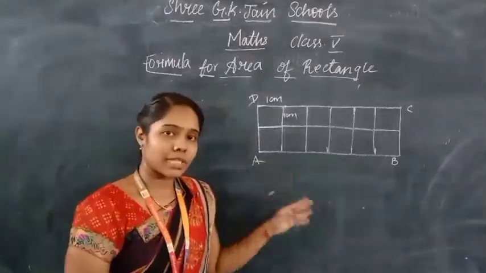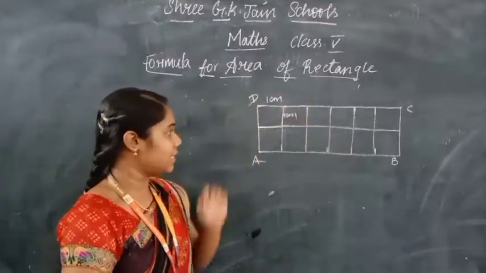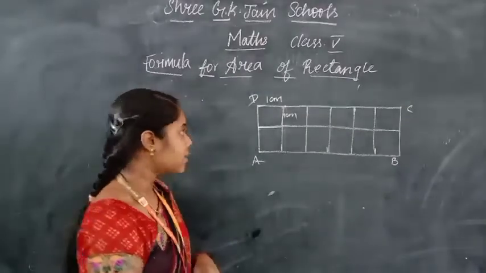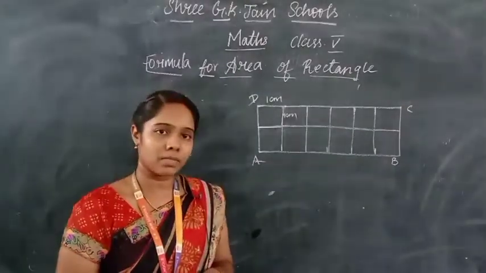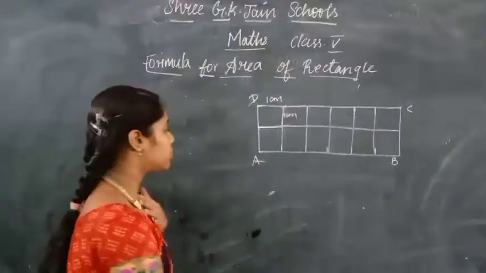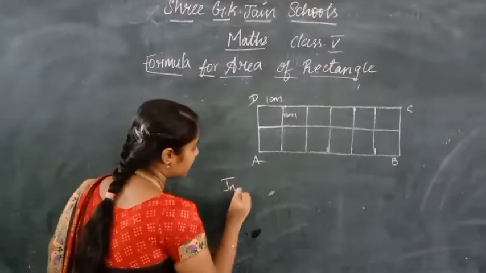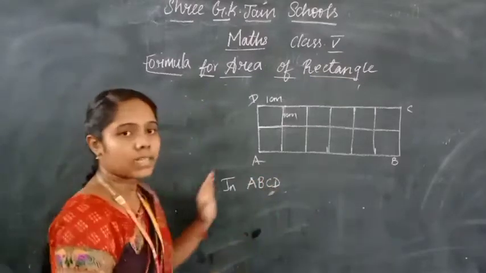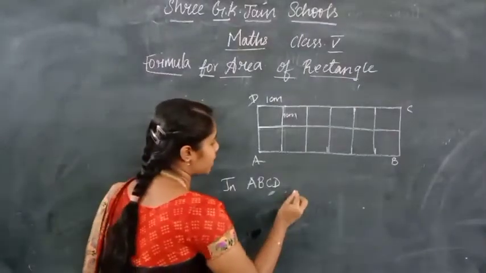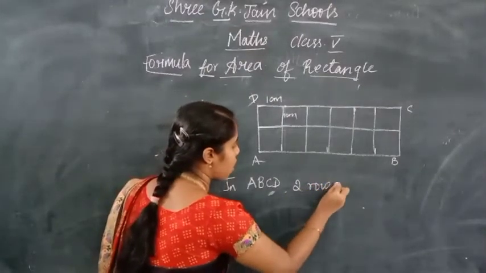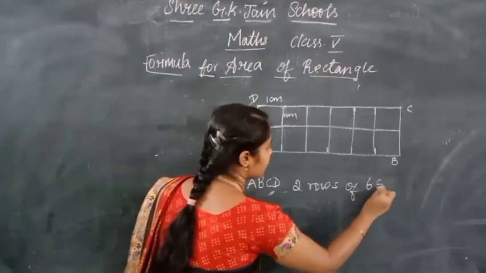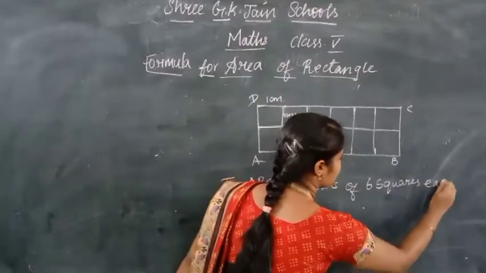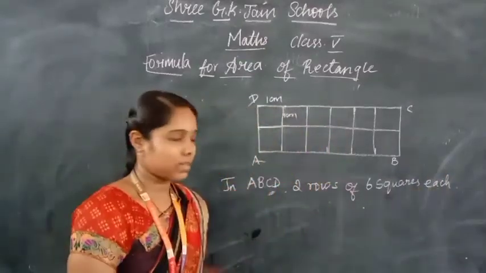If you see the rectangle A, B, C, D, we have created 2 rows of 6 squares each, and we have created 6 columns, right? In each row we have 6 squares, right children?